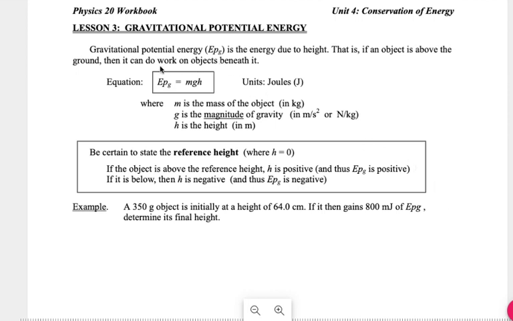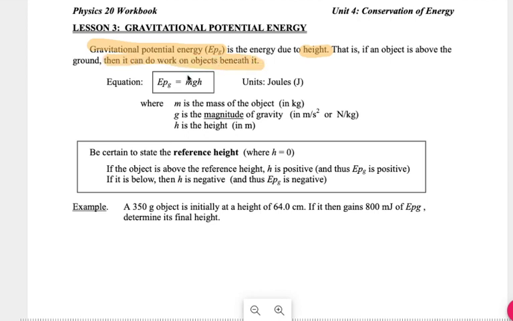So, gravitational potential energy, or EPG, as we abbreviate it, is all having to do with gravity, obviously, and the height of an object. As we lift up an object and it is given height, we are providing it with the ability to do work on whatever is below it.